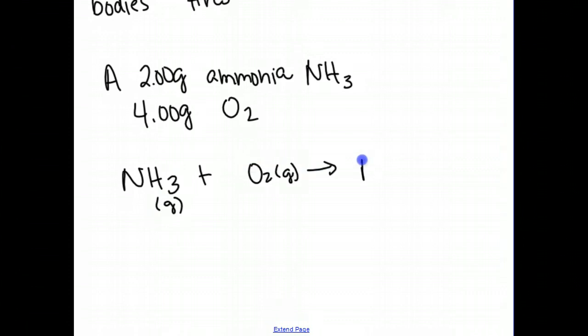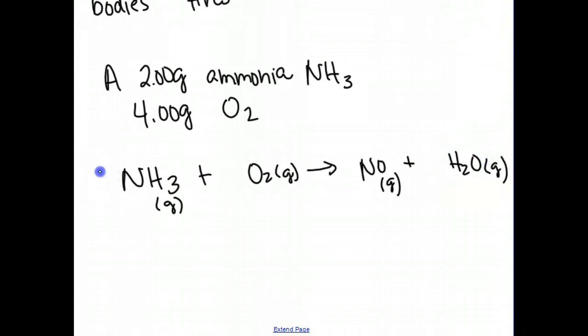So we have NH3, and this is a gas, I should write that. And we have O2, which is also a gas, and it's going to yield NO, which is a gas, and water, H2O, but we're going to say that this is in the water vapor form, so it is a gas.